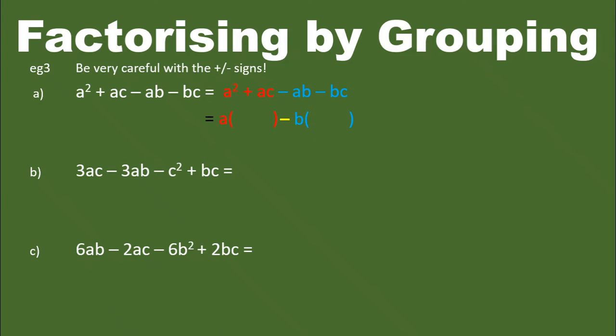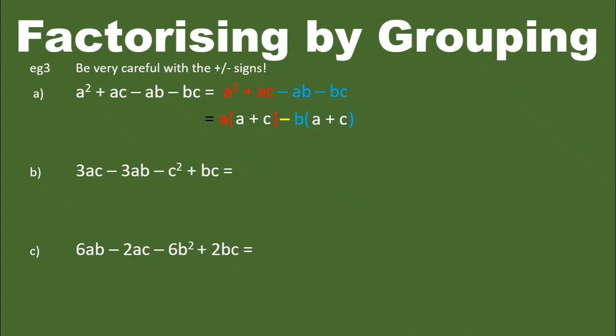Inside the red brackets, A squared divided by A would just be A, and AC divided by A would just be positive C. Inside the blue brackets, negative AB divided by negative B, a negative divided by a negative will be positive, so that will be positive A. And negative BC divided by negative B, again will give me positive C inside the brackets.